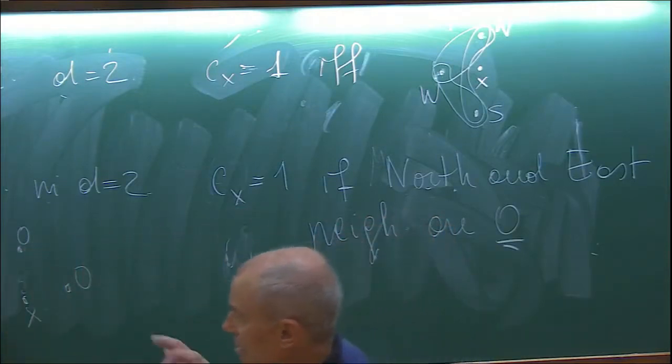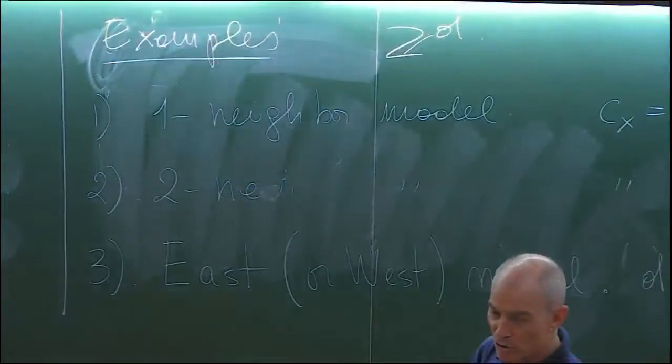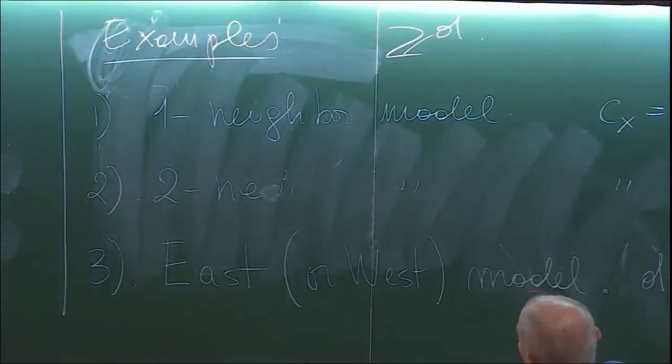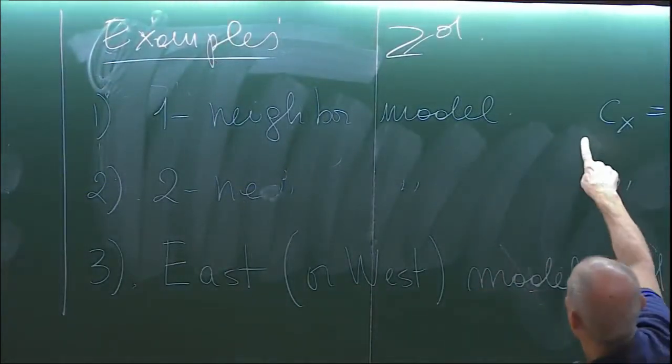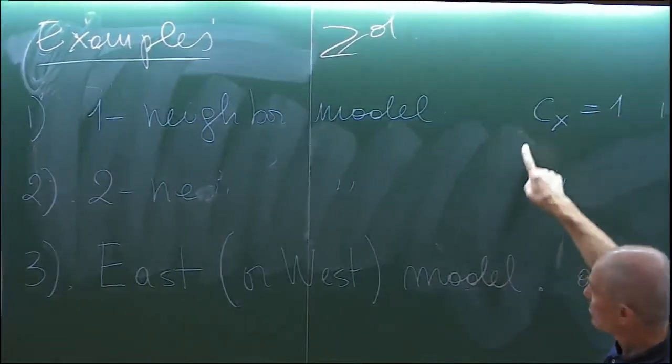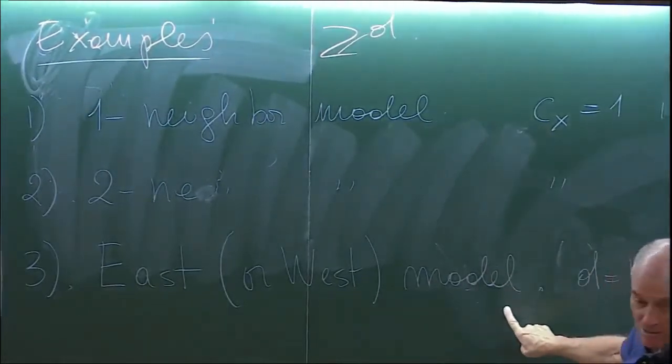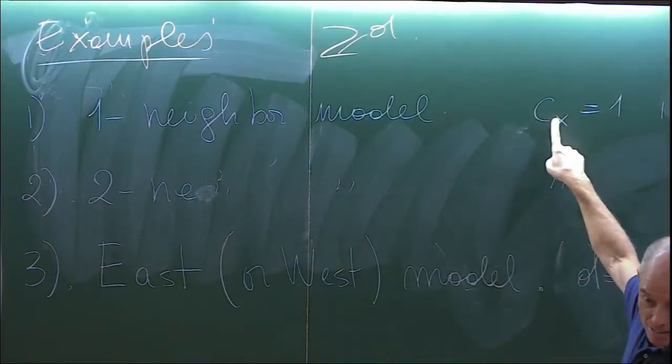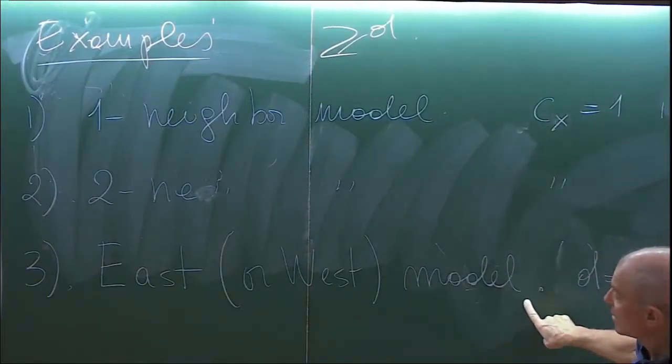Before giving a general definition, about this monotonicity, it's clear that the one neighbor model is less constrained than the east. It's easier to have c_x satisfied.